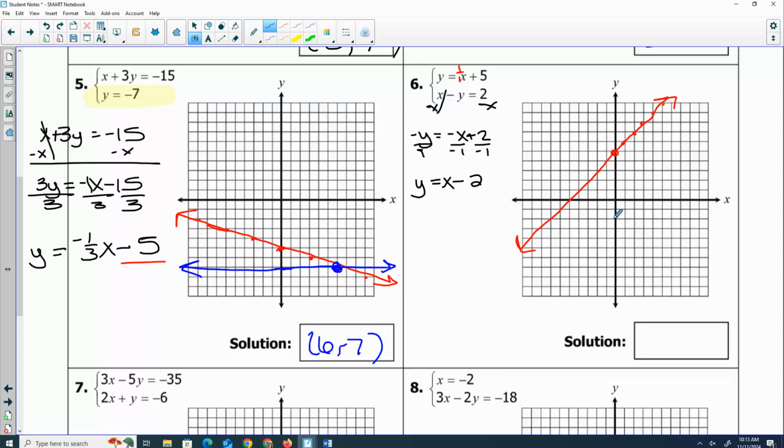So we start at -2. Slope is 1, so up 1 over 1. What happens when I graph these two lines? They're parallel. They never cross. So what is my solution? No solution.